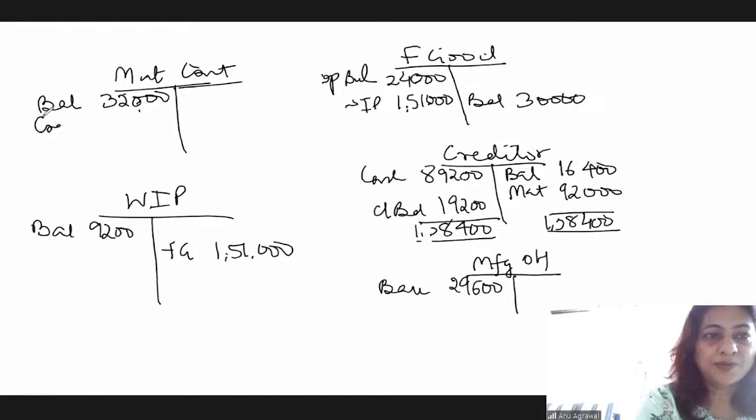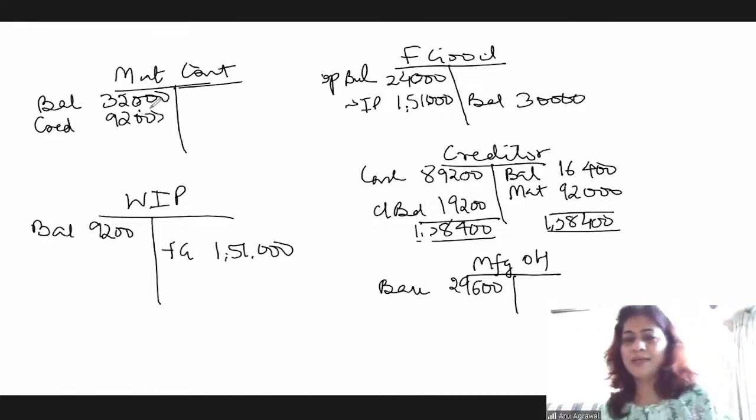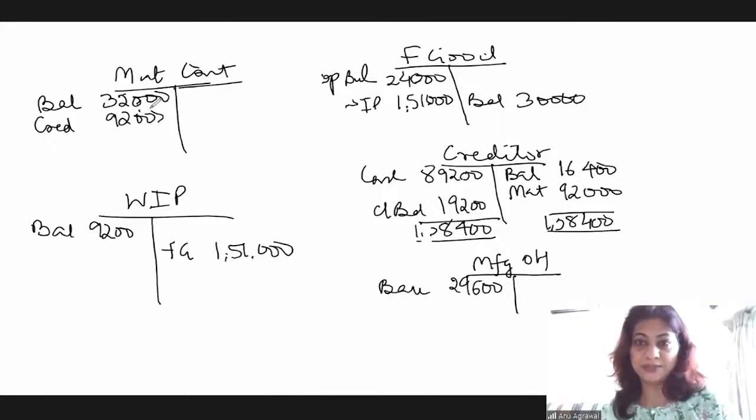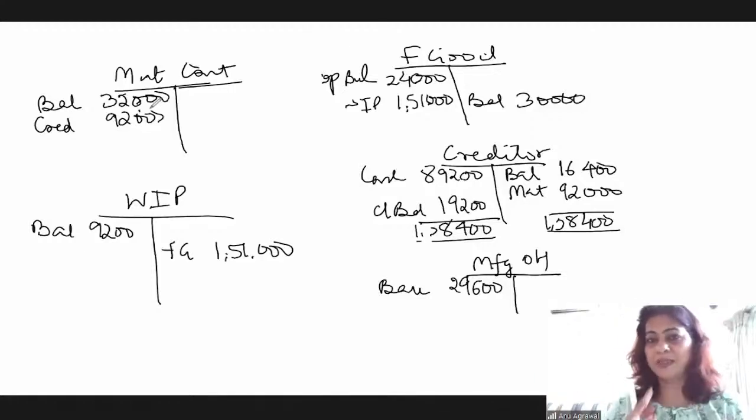That means I should put creditors account 92,000. Normal creditors account: opening balance, purchases when you do. It is purchases to creditors, so similarly, I've done that. So 92,000 of purchases. So one account gets, I could get that figure.